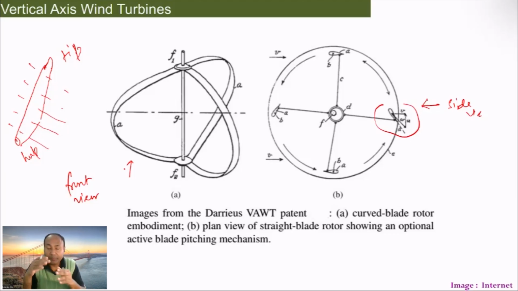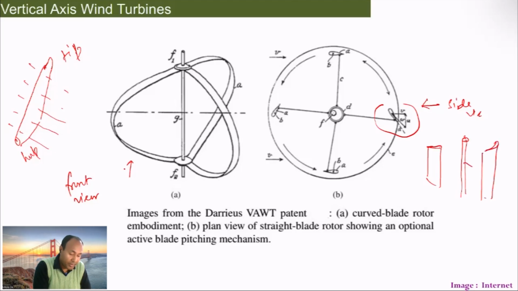I have a shaft like that, and this is the blade of a vertical axis wind turbine, which would be connected like that and rotating. The blade pitch angle could be fixed, like a horizontal axis wind turbine, and keep on rotating, or they can have a variable pitch mechanism.